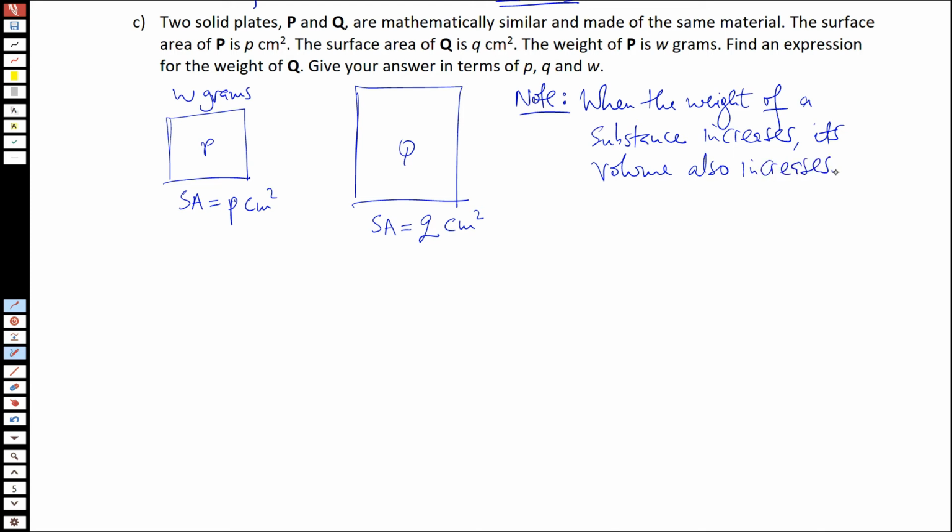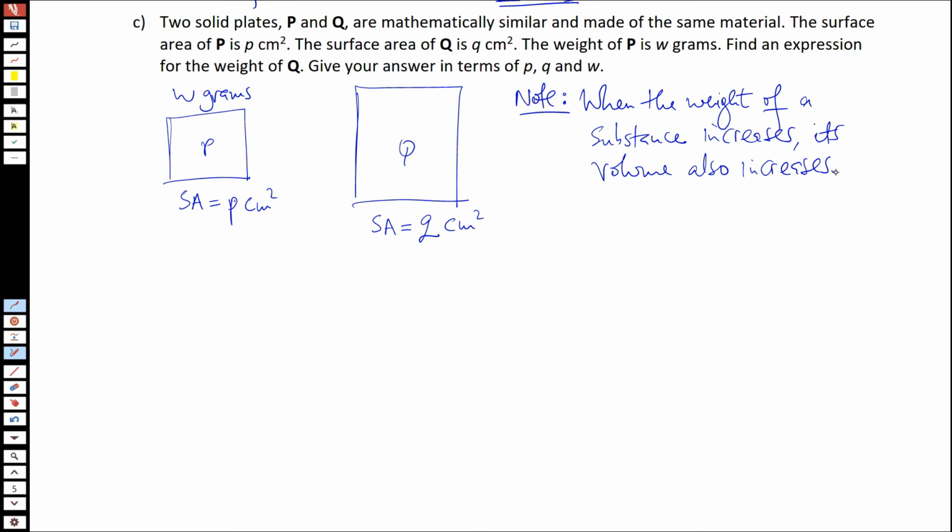So when we're working through this problem, we shall consider the weight to represent the volume, because when the weight of the substance increases, its volume increases. The weight affects the volume. So we will need the volume scale factor and the ratio of the volumes when calculating that.